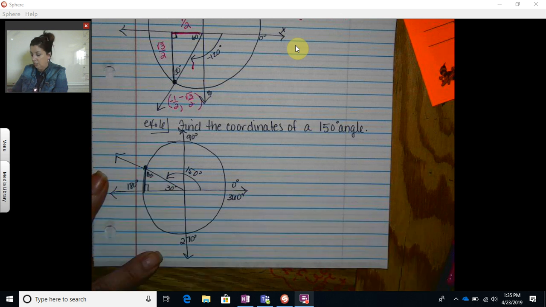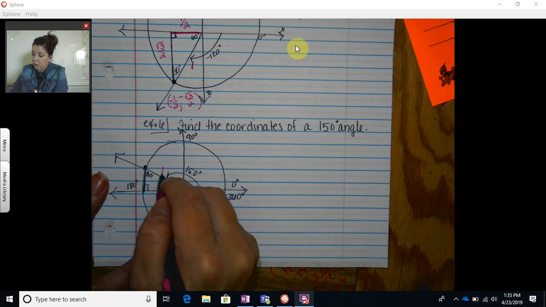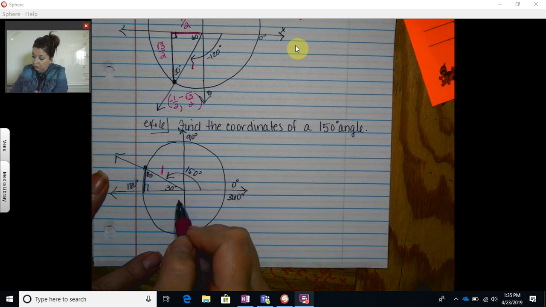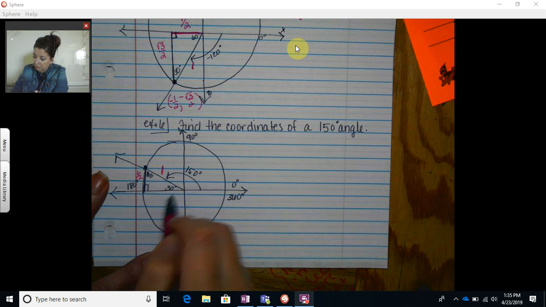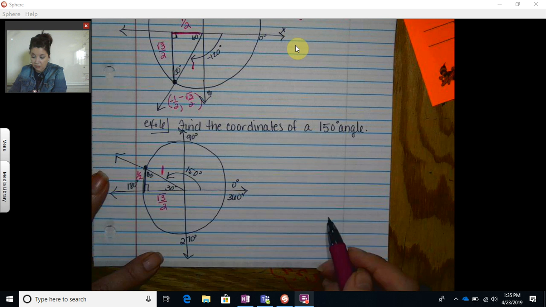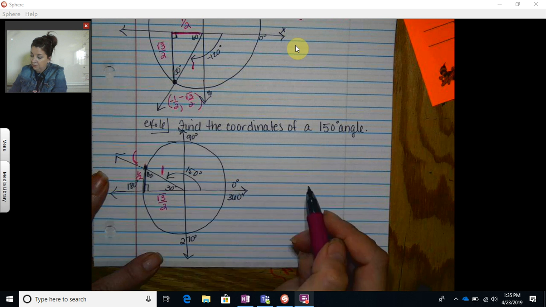So we know our hypotenuse in any unit circle has a measure of 1. We know on a 30, 60, 90, the smallest side has a measure of 1/2. And then the middle side has a measure of square root of 3 over 2. So my x values in this quadrant, are they positive or negative? Negative.